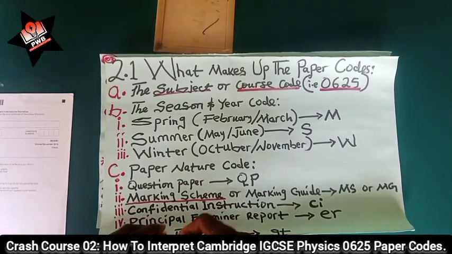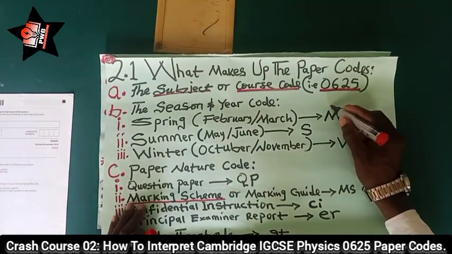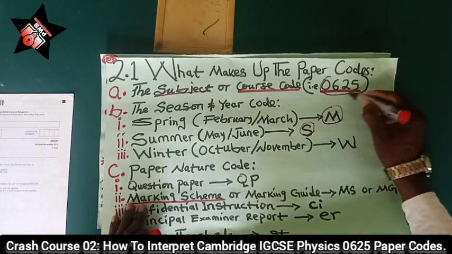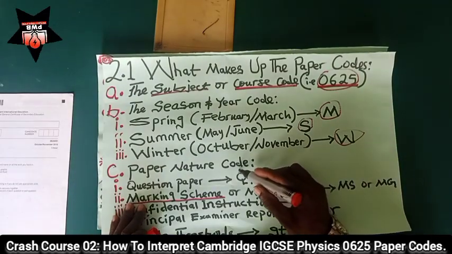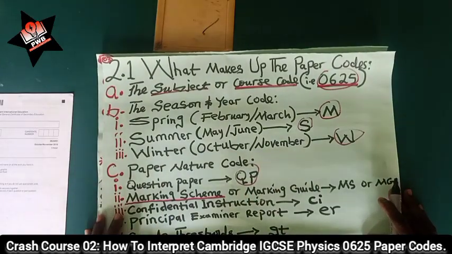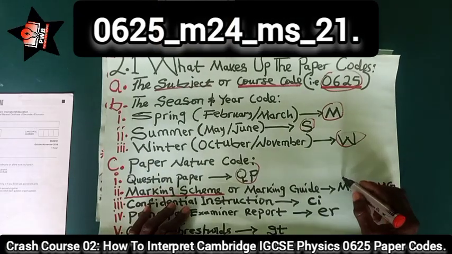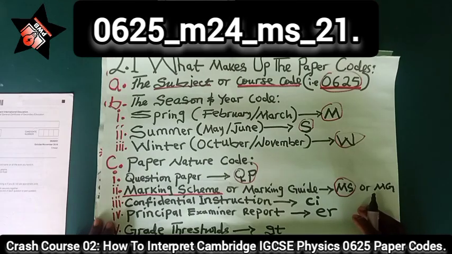If it is the marking scheme, you will see MS. So please take note of this. These things will make up the code we are going to use later. Good. Now, we also have QP here. And if it is the marking scheme, you will see MS. So any place you see MS, it is for the marking scheme.